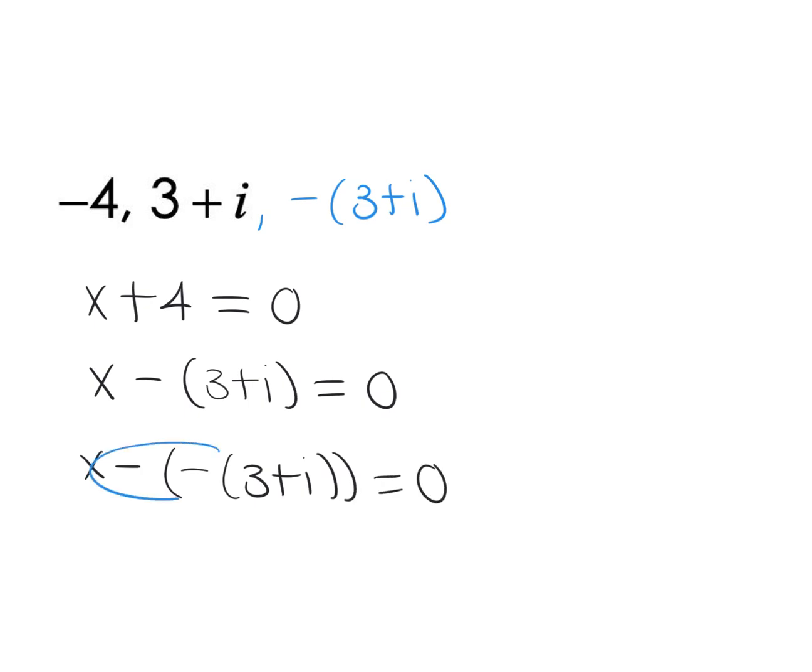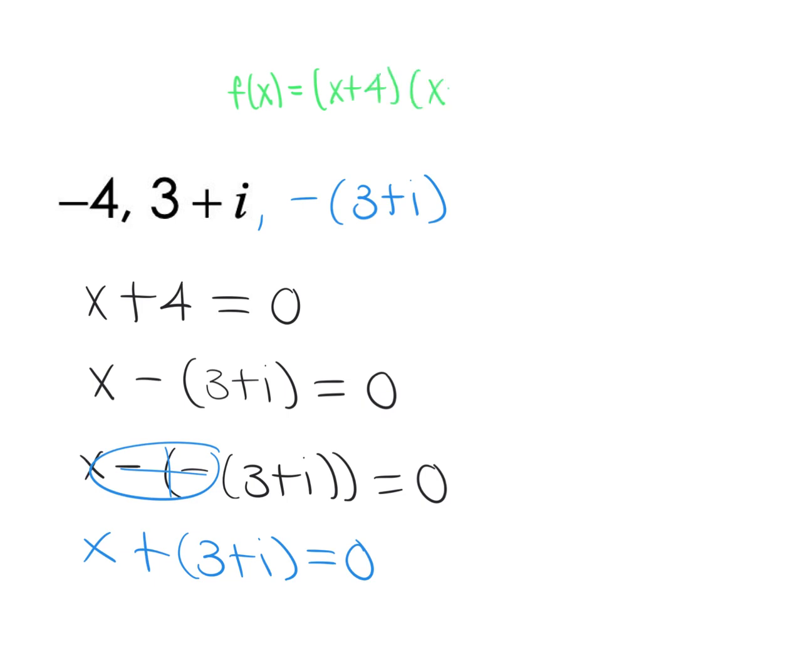So this negative here becomes a positive. So it's x plus 3 plus i equals 0. And then you just rewrite it with everything. F of x is x plus 4 times x minus 3 plus i times x plus 3 plus i.